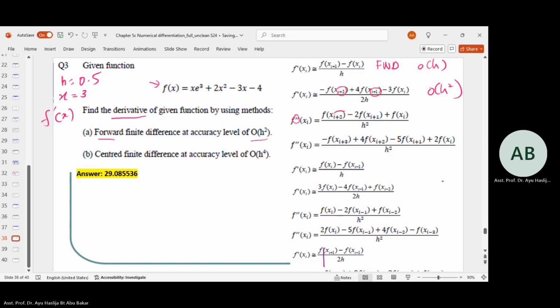How do we know? i plus 2, i plus 1. It involves forward. This one, 2 points, first level as well. Second derivative, first level. Now this one, i plus 3, i plus 2, i plus 1. Second level for the second derivative.